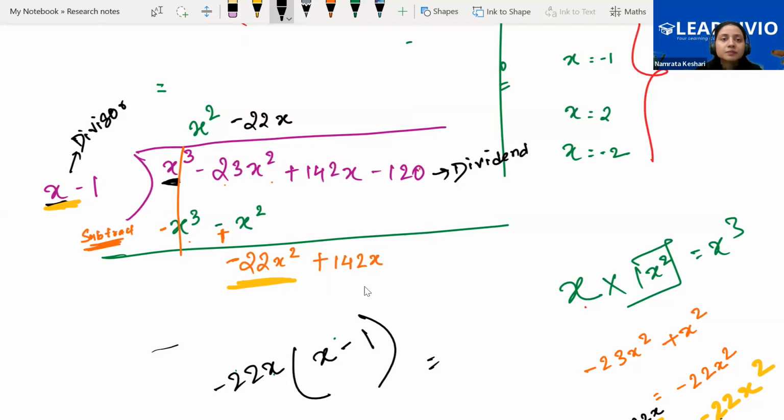Who will tell me? Plus 22x. Is it plus 22x? What was the question? The question is we need to multiply this with this bracket. That's it.